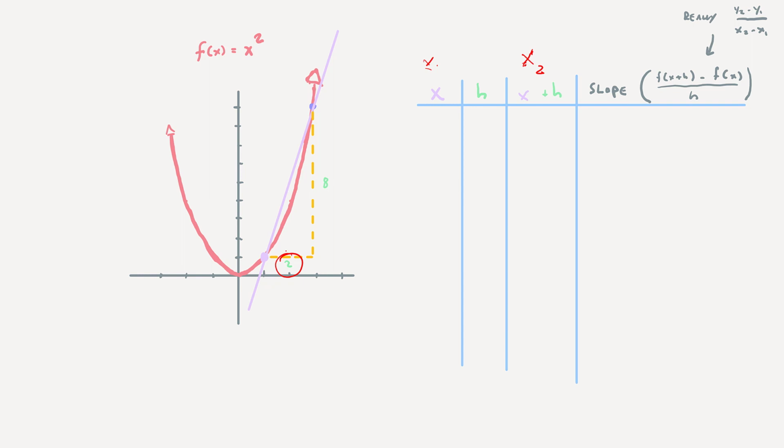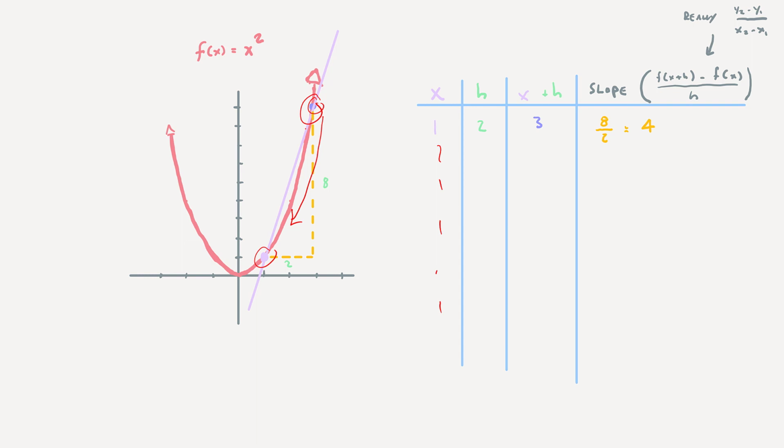So in this first one, right, we have X is 1, and in fact, X is going to be 1 for all these because we're not moving that point. The point Q is the one that's getting closer to point P. In this one, H, the distance between our two X coordinates between 1 and 3, was 2, so that's why I have 2 listed for H. And what I'm going to do is make H closer and closer to 0, right, which is going to make these points, this point and this point, horizontally almost right on top of each other.